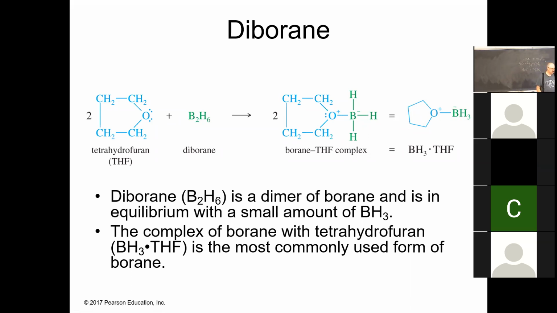This is in solution, and it's very convenient to order BH3-THF solutions of whatever molarity you want. So if you have a 1 molar solution, that's very convenient. If you want so many moles of borane THF, you measure out the appropriate volume.